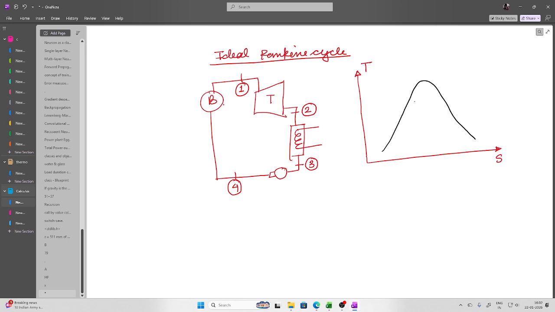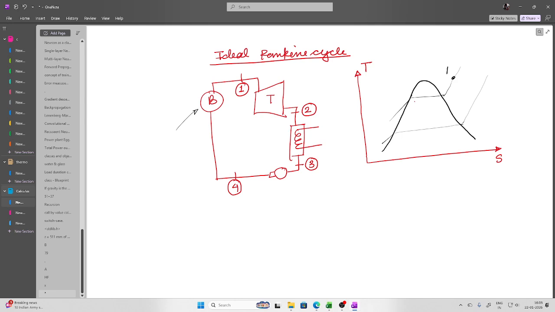So you know that when we talk of Rankine cycle, we have one boiler, one turbine, one condenser, one pump, and let's say that the state just before the turbine is 1, at the exit of turbine it is 2, at the exit of condenser it is 3, and at the exit of pump it is 4. So inside the boiler, one constant pressure process is happening and another one is happening at the condenser side.